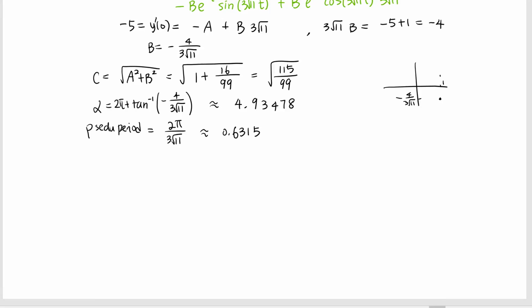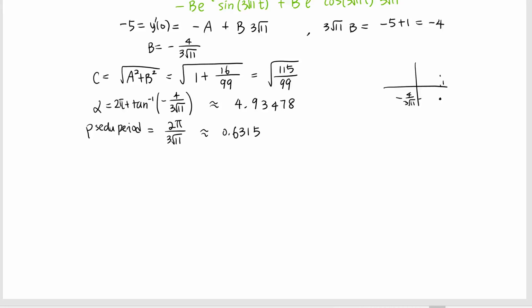And then what is the time lag? Oh, sorry. I realized that my alpha was wrong. When I divided by 3 square root of 11, I forgot to put parentheses around it.